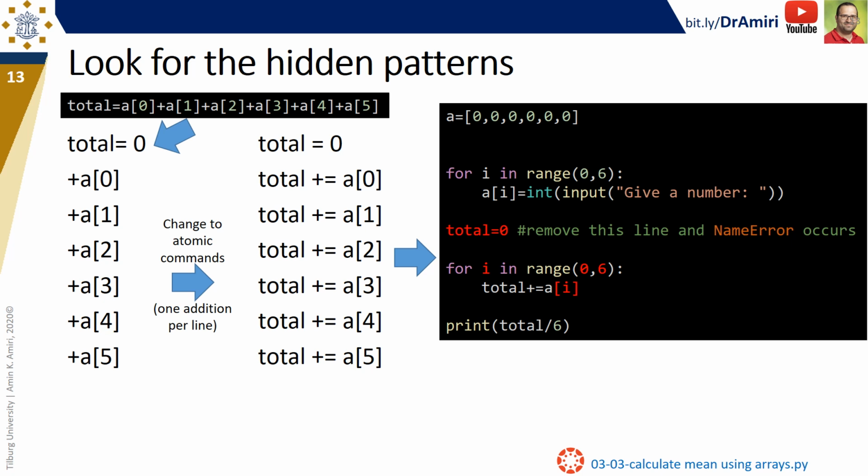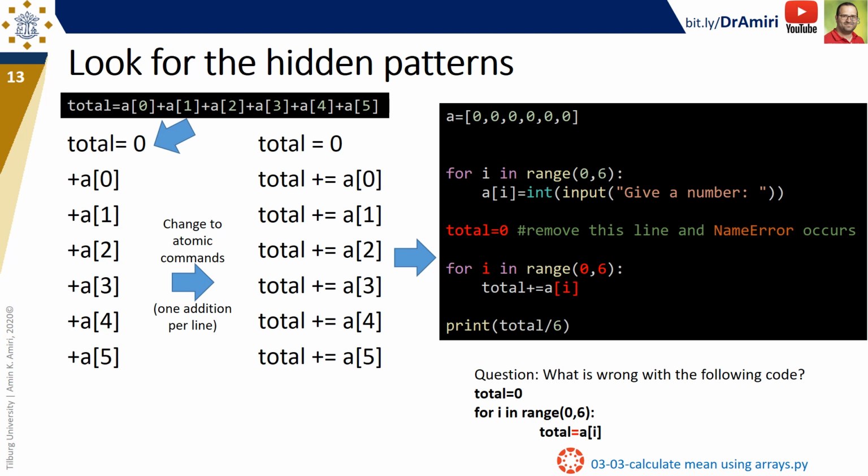Then here you see that 0 to 5 is the changing part, so just write down total plus equal A bracket, and in place of 0, 1, and 2, just put I. Then put an indent before this expression, and use the for statement: for I in range from 0 to 5 plus 1, which is 6.